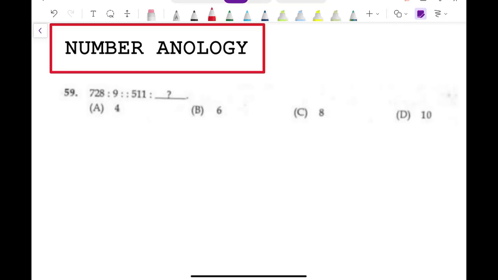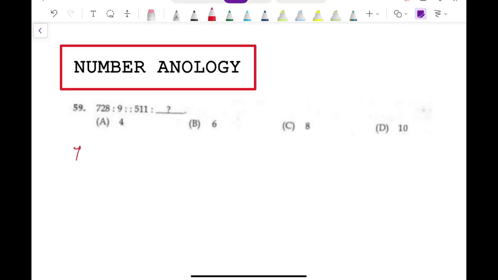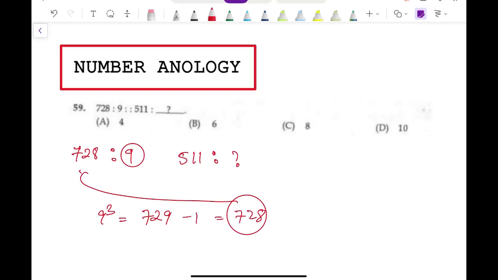So when you talk about cube, 728 is related to, if you cube this one, 9 cube will give you 729. From that, if I subtract 1, then I will get 728. That means this number cube minus 1.